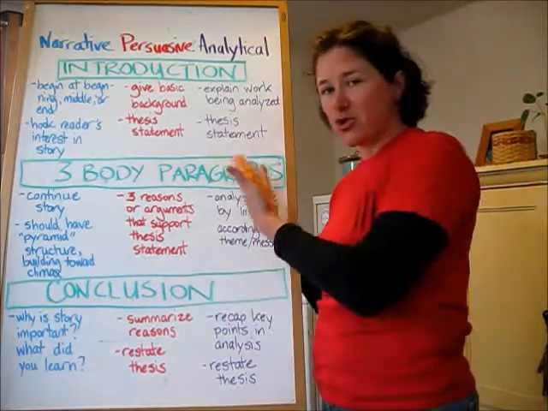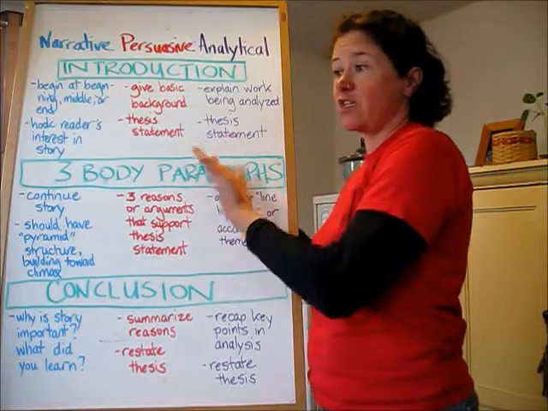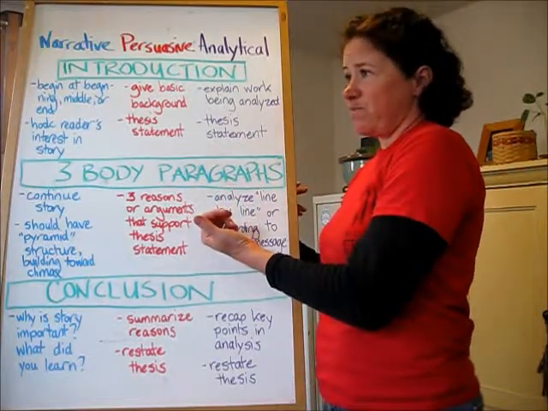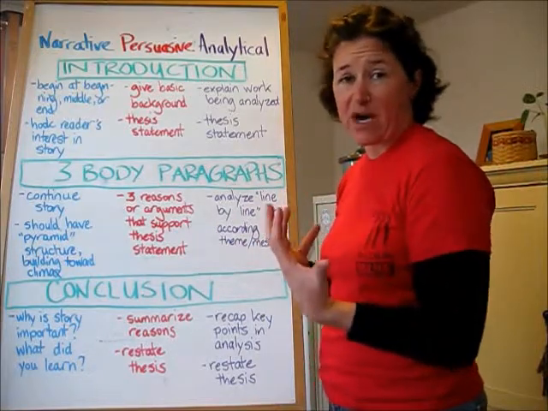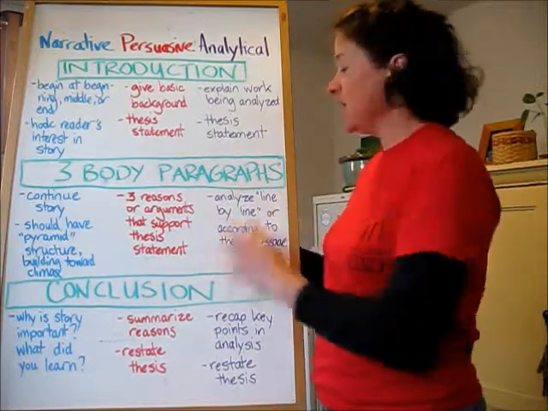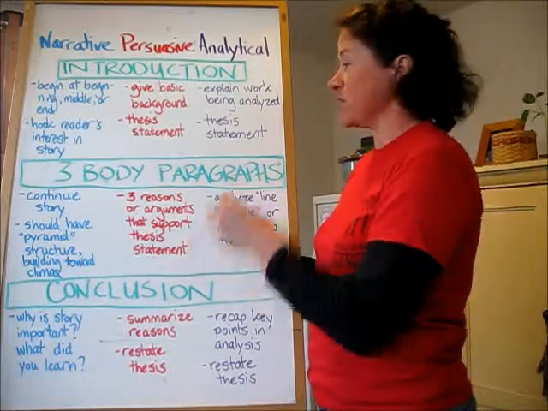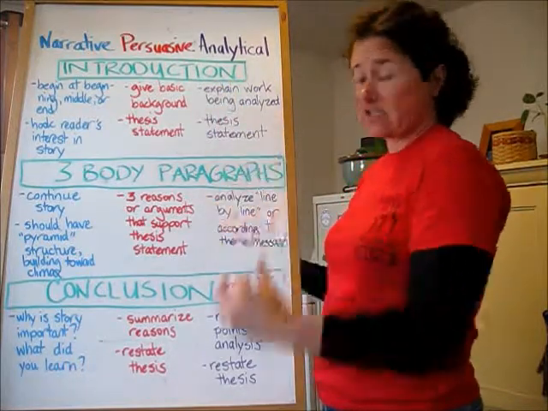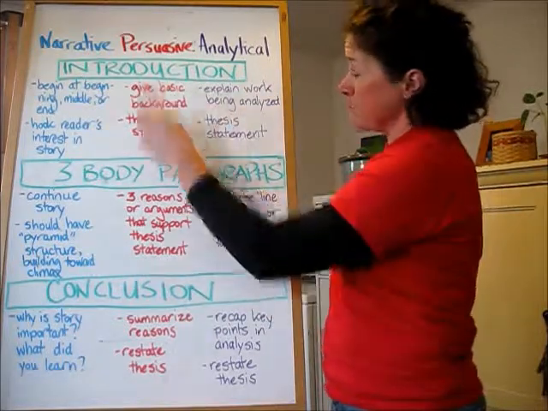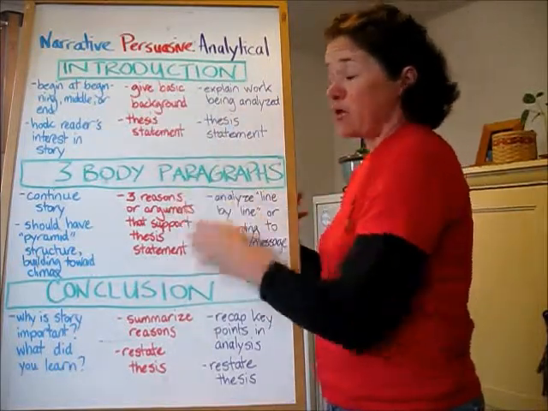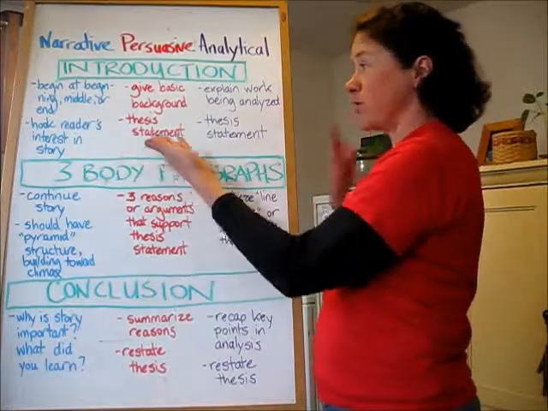If you're saying a major theme in this novel is that, I think I said last week, humans have the capacity for both good and evil, then your 3 paragraphs are going to be evidence from the novel that support that thesis. So in both the persuasive and the analytical, the body paragraphs are essentially evidence to support your thesis.